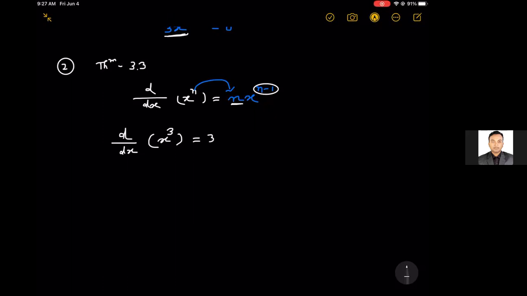Then we'll have the function, and now the exponent will be 1 less. So it will be 3 minus 1. So the derivative of x cubed will be 3x squared. Any question from this?